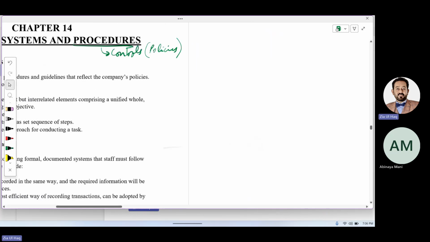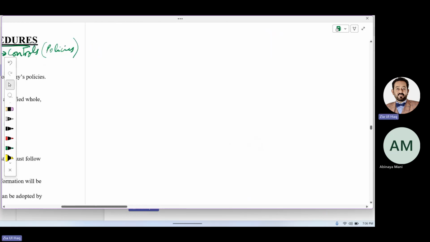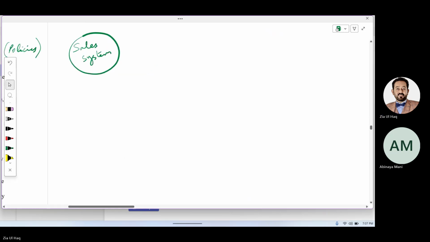So let's discuss our sales system. How does a company record sales, and what documents are prepared in our sales system? When a company receives an order from a customer, the company prepares a document called a sale order, and keeps a record of this document.